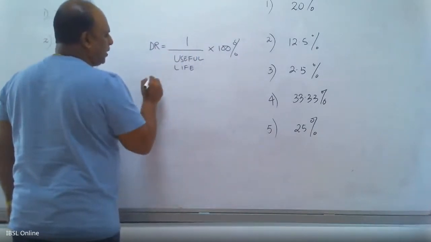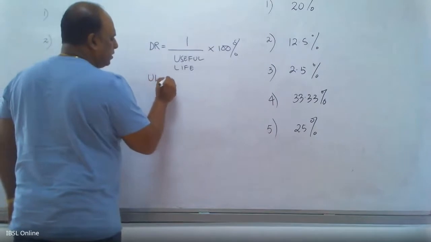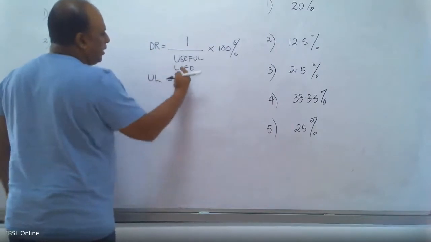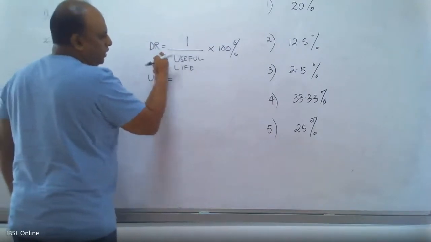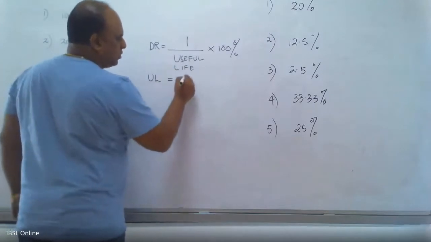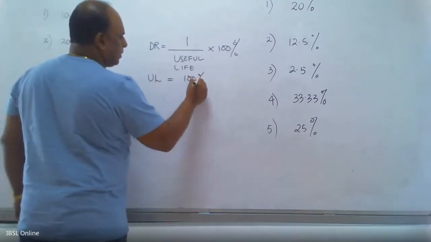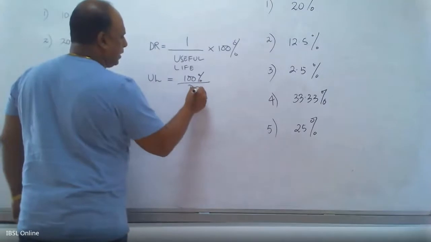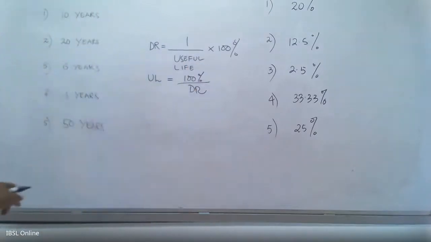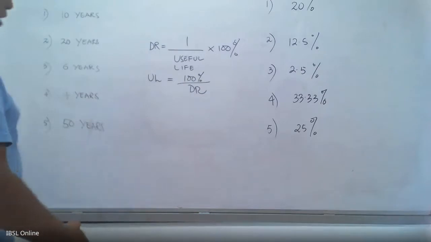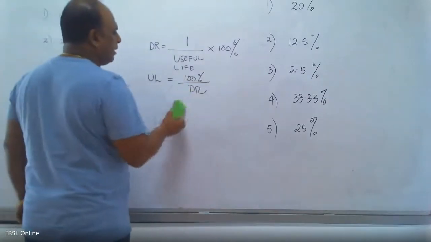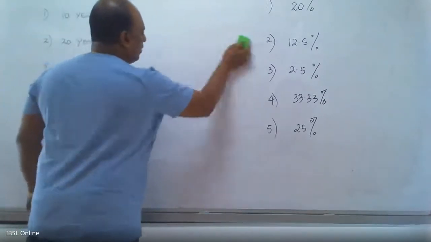So what do we do here? We change this formula by taking the useful life and bringing it down. Using the same formula, I have changed it: useful life equals 100% divided by depreciation rate. So that is what we are going to use.